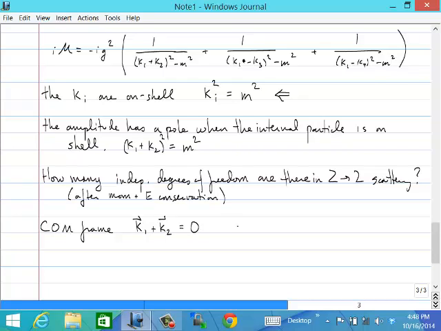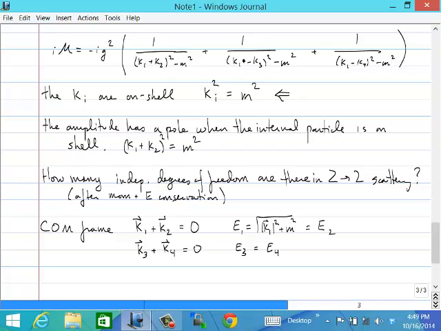And of course, because the energy of the first particle is the square root of k1 squared plus m squared, the two incoming particles will have equal and opposite momenta and equal energy. And likewise, the final particles will have equal and opposite momenta and equal energy.